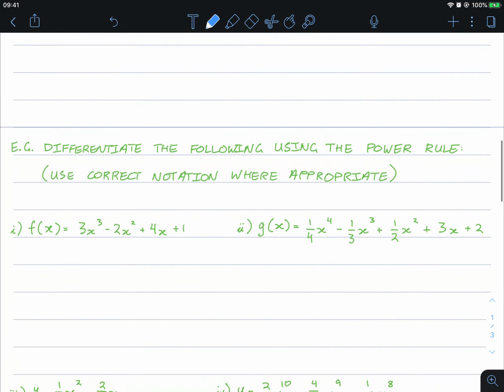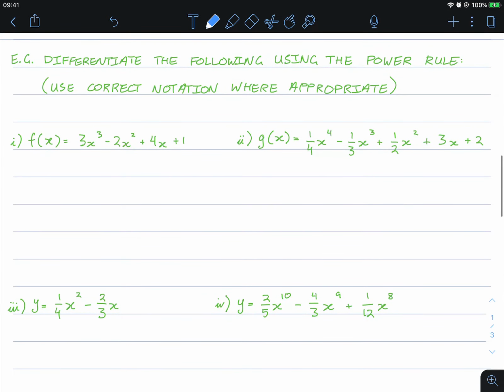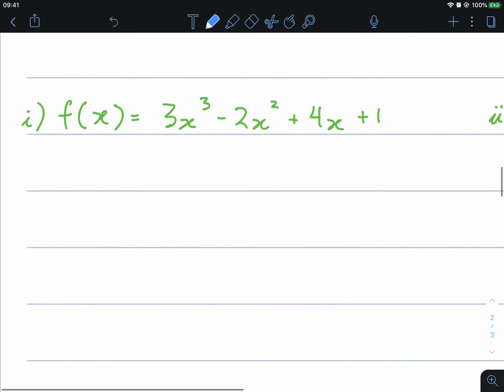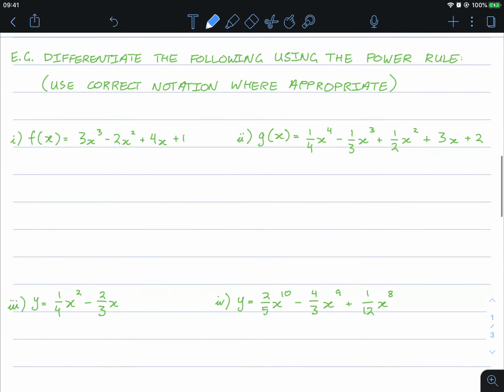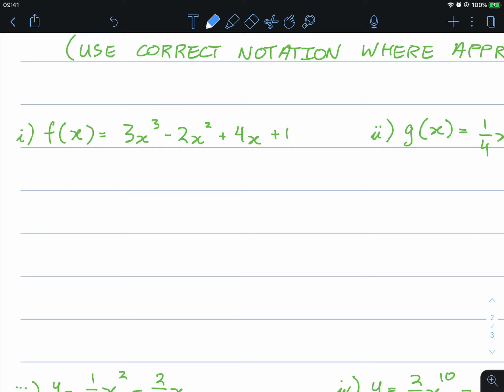So let's do a few examples here, and let's use the appropriate notation wherever needed. You can go ahead, pause the video and give this a go. This is just another example of applying the power rule as we've seen in the previous video. Here we go.